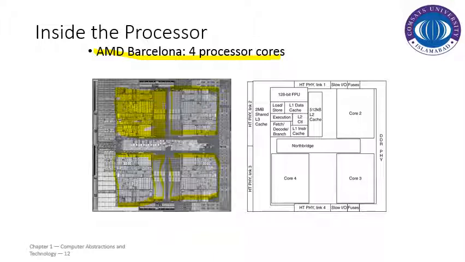Then we have some mechanism for load and store. We have the L1 data cache. Basically, this is the level 1 cache that is with the processor. Then we have the level 2 cache. We have some specific mechanism for fetch, decode, and branch here, and some execution units are here.